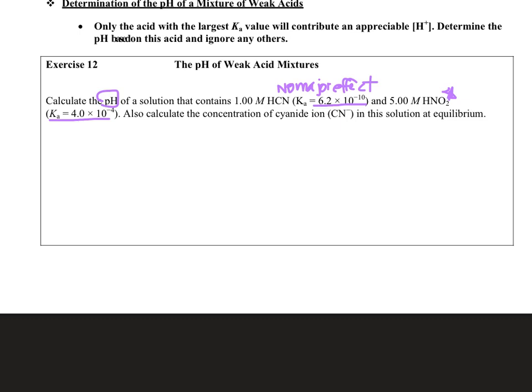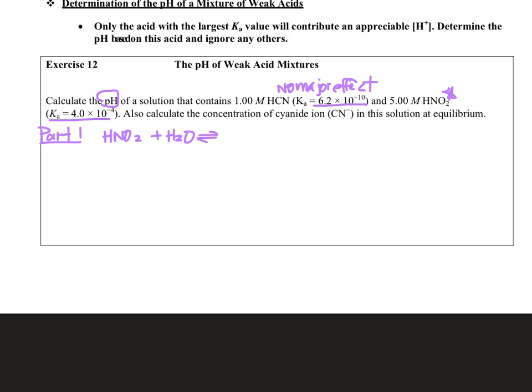Okay, so same as always, we're going to set up a RICE table. In this case, we're going to do 2 RICE tables because we're going to do 2 problems. So we're going to do part 1 with our first one. I'm going to write kind of small on this just so that I can fit both. With this, we're going to have HNO2 plus water.